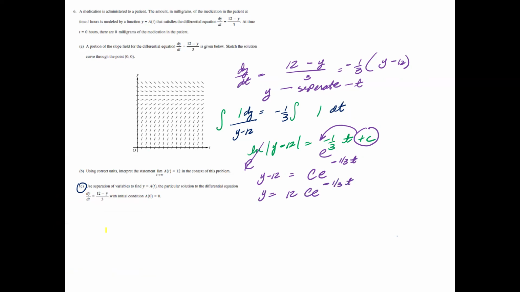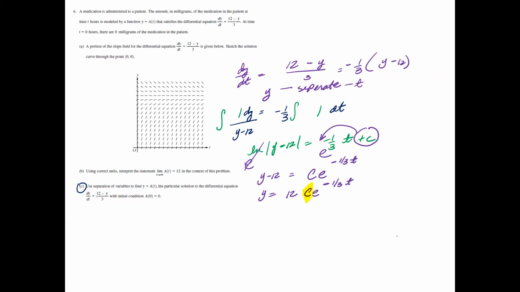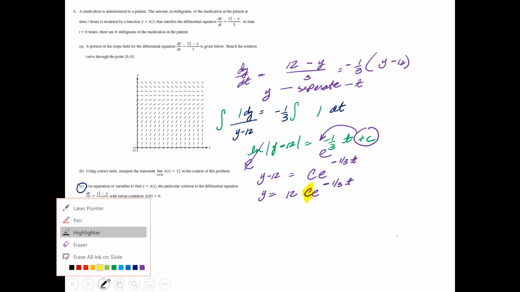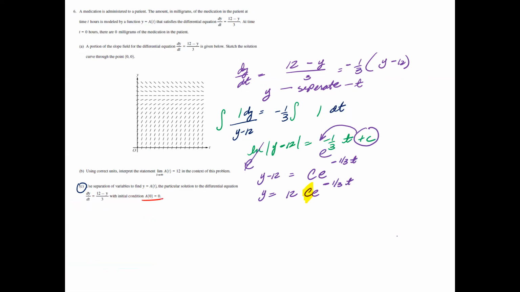Now, my equation is not complete because I need to figure out what c is. So what I'm going to do is use the point that's given to me, which is A of 0 equals 0, to find my c value. So let's go ahead and try to do that. So I have t equals 0, y equals 0.